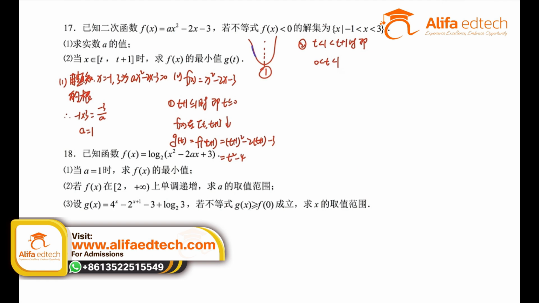So it's clear that f of x is monotonically decreasing on the interval from t to 1, and then from 1 to t plus 1, it's monotonically increasing. That means g of t is obtained at 1, which is f of 1. Substituting 1 into f, we get 1 squared minus 2 times 1 minus 3. 1 minus 2 is -1. -1 minus 3 is exactly -4.